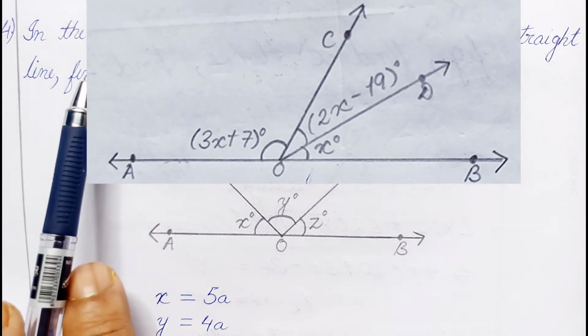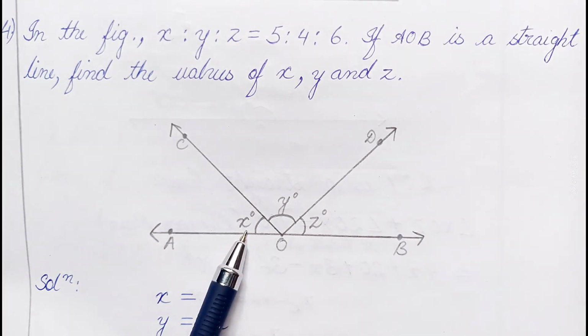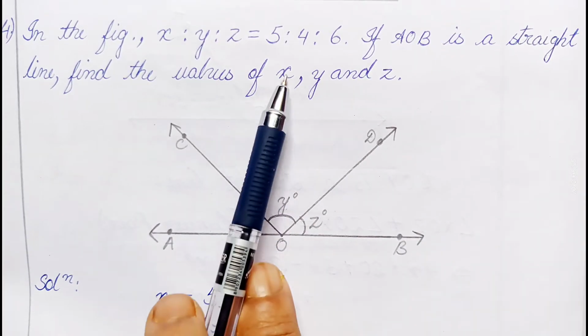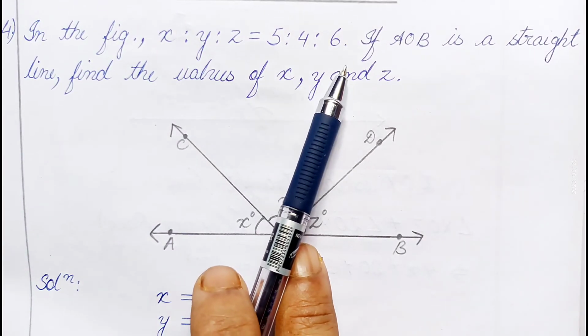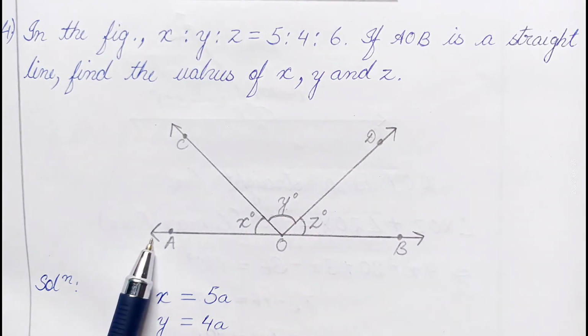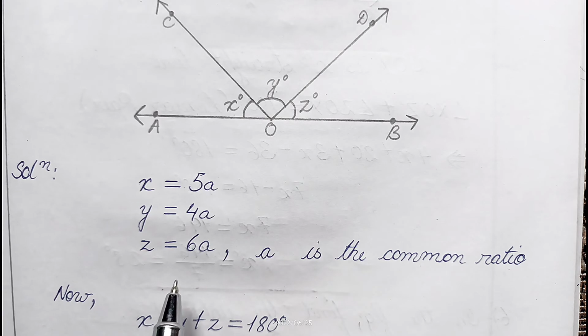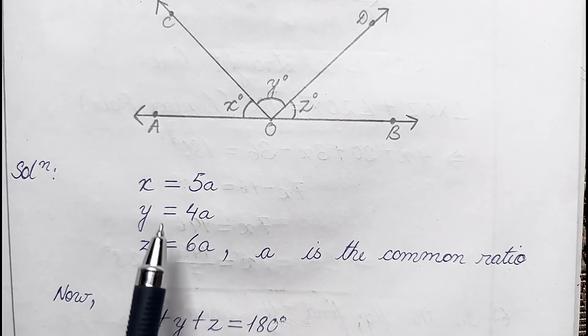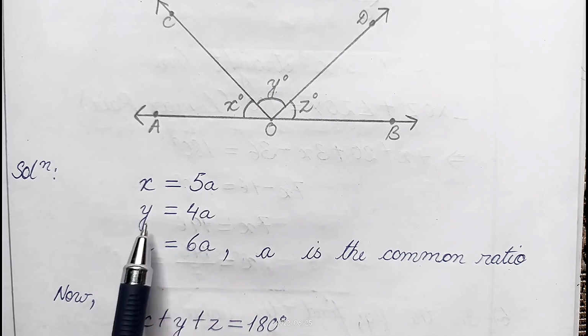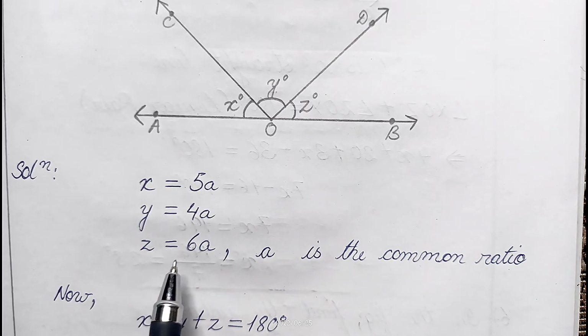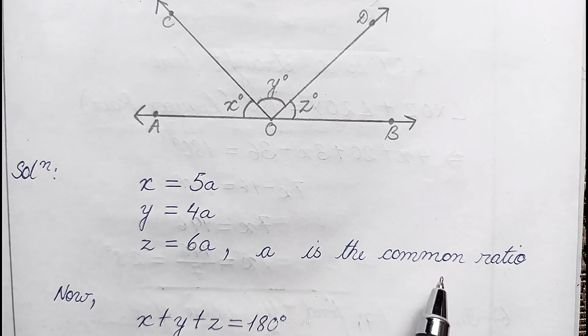Now in question number 4, it is given in the figure x is to y is to z is 5 is to 4 is to 6 and AOB is a straight line. We have to find the value of x, y and z. As in the question it is given the angles are in the ratio of 5 is to 4 is to 6. We can consider let x equals 5a, y equals 4a and z equals 6a, where a is the common ratio.